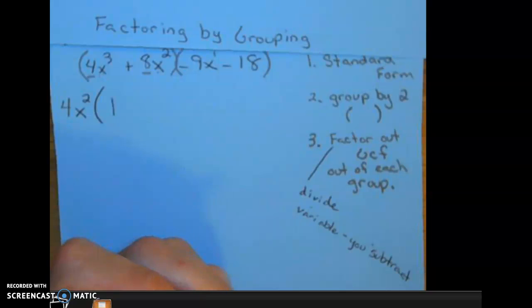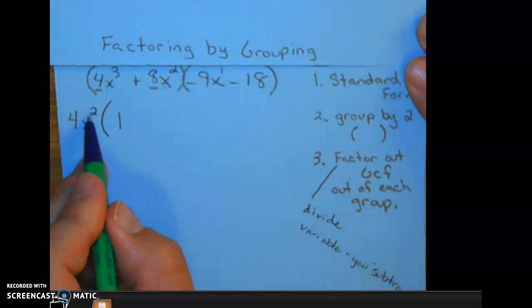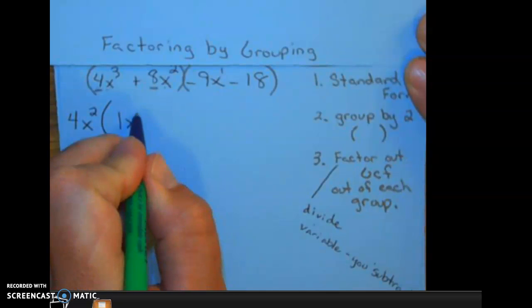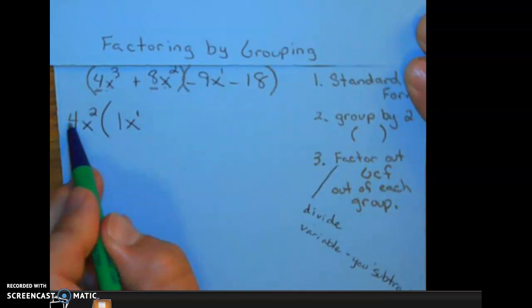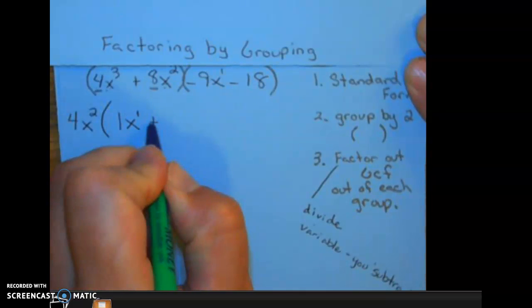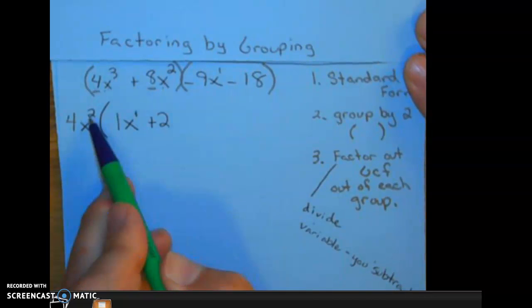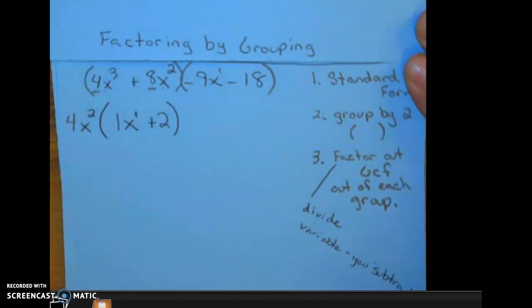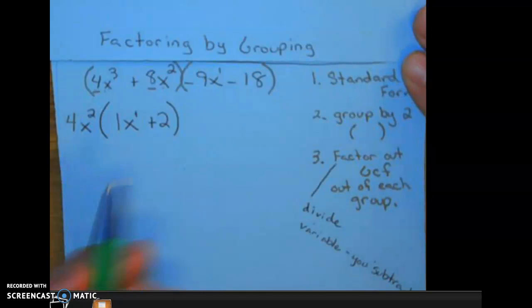Here we had 3, and we factored out 2, so 3 minus 2 is 1. Let's divide. 8 divided by 4 is 2. Here we have 2 x's and we took 2 x's away, so that means we don't have any left. None.